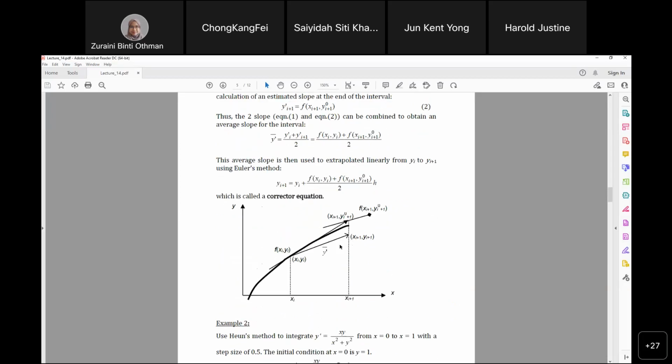Apa dia yang diimprovekan? Okay, so kat sini contoh. Okay, just now I said that this is the general formula for Heun's method. And for this point, we found this value by using Euler method yang kita belajar tadi. Dia banyak calculation sikit lah. Okay, now when you look at this example, nampak tak?